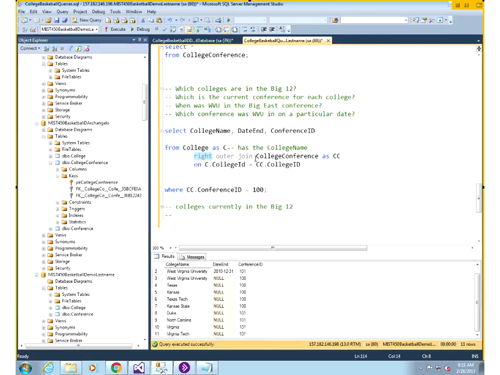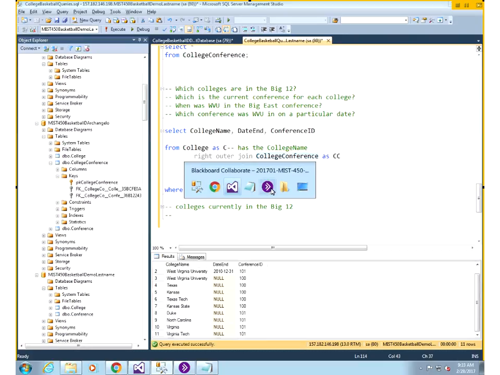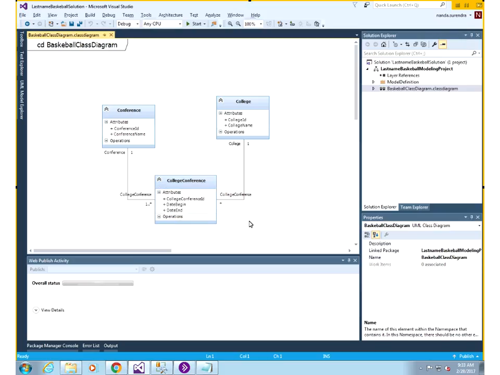I'm going to take everything on the right side, which in this case is college conference, and connect it to college. Regardless of whether it's connecting to college or not, I'm going to take it from the right side. But if you take it from college conference, what does your class diagram tell you?